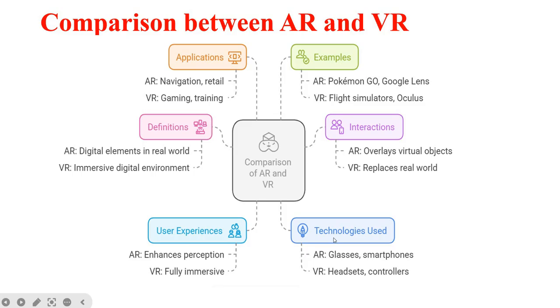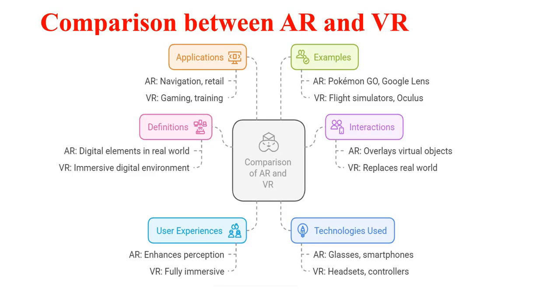In AR, AR glasses, smartphones, and tablets are used, and in virtual reality, headsets, motion controllers, and gloves are used. With respect to applications, augmented reality is used in navigation, medical assistance, education, retail, and marketing, whereas virtual reality is used in gaming, training, simulations, therapy, and virtual tours.